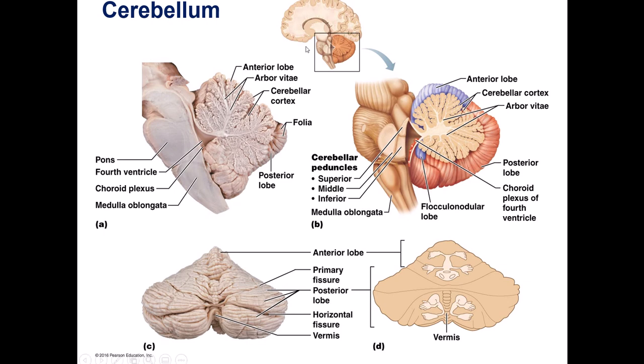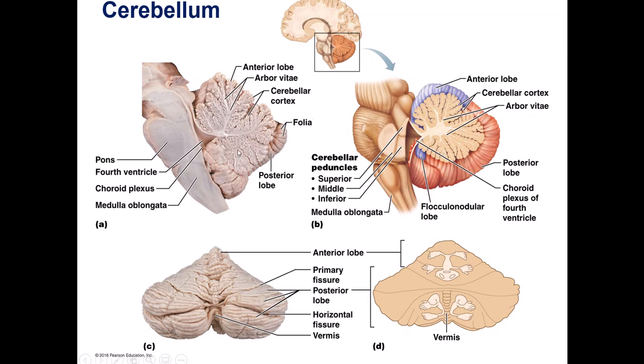The cerebellum sits behind, posterior to the brainstem, and just inferior to the occipital lobe of the cerebrum. Like the cerebrum, the cerebellum has both outer cerebellar gray matter cortex and inner white matter.